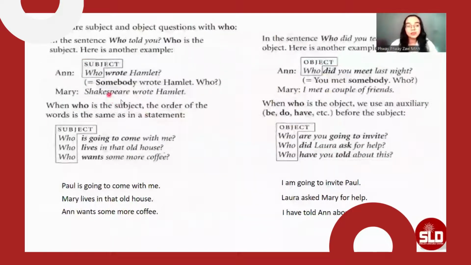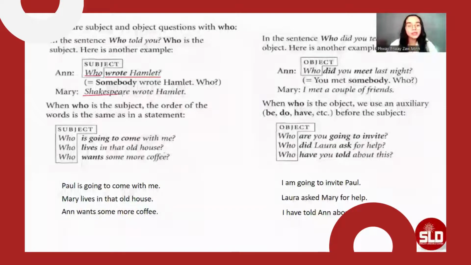In a subject question, the order of the words is the same as in the statement. So for example, the question is, who wrote Hamlet? To answer it, the word order is the same. So you just need to write your answer in the who place.